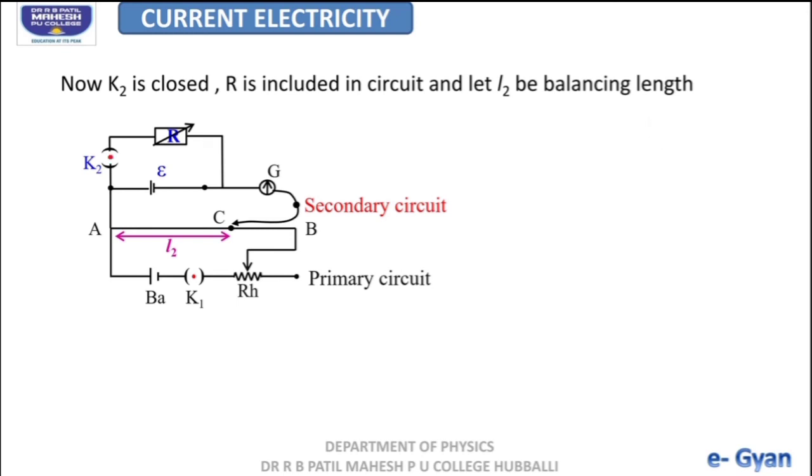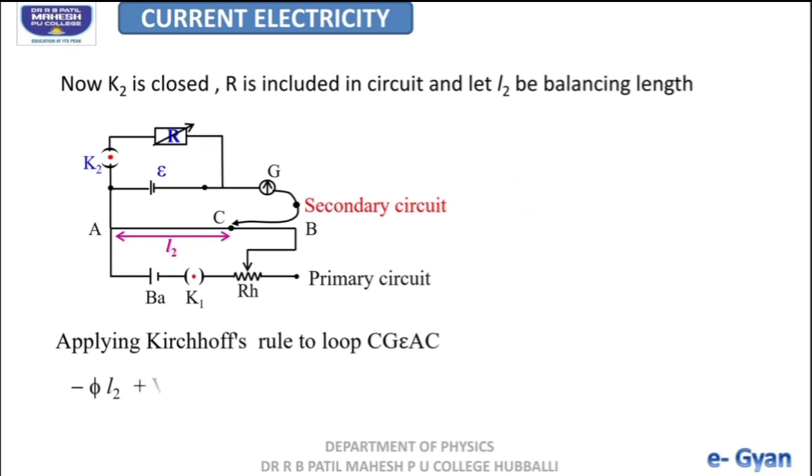Now by applying Kirchhoff's loop rule for the loop CGEAC, we can write minus phi into L2 plus V is equal to 0, where V is equal to phi into L2. Let this equation be 2.